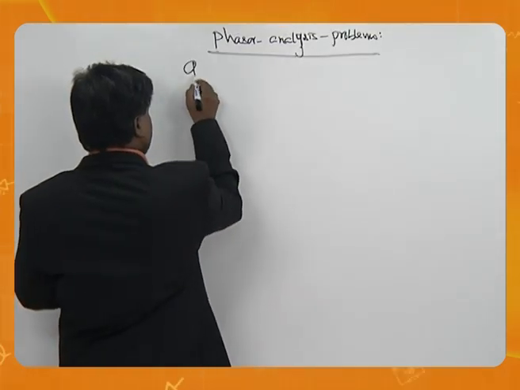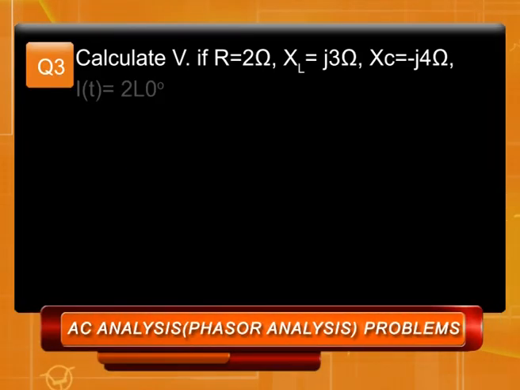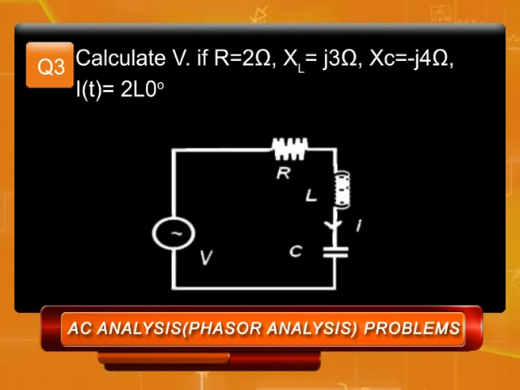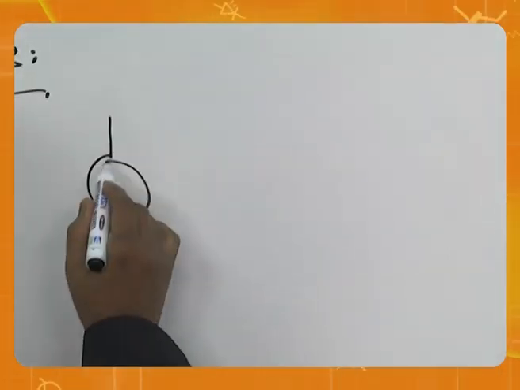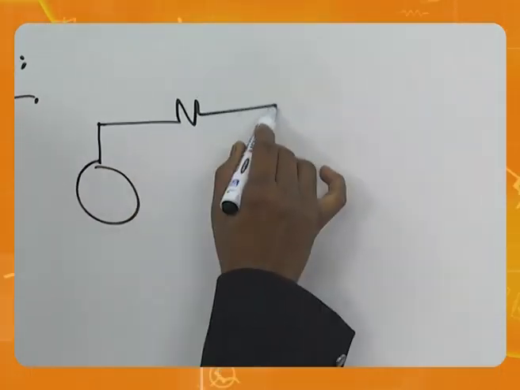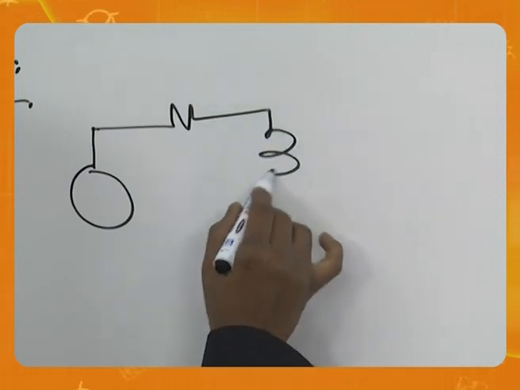Question number 3. Calculate voltage if resistor is 2 ohms, XL is j3, XC is minus j4, I of t is 2 angle 0. So we have to calculate this. For example, he has given a circuit like this. This is a circuit of all 3 elements.